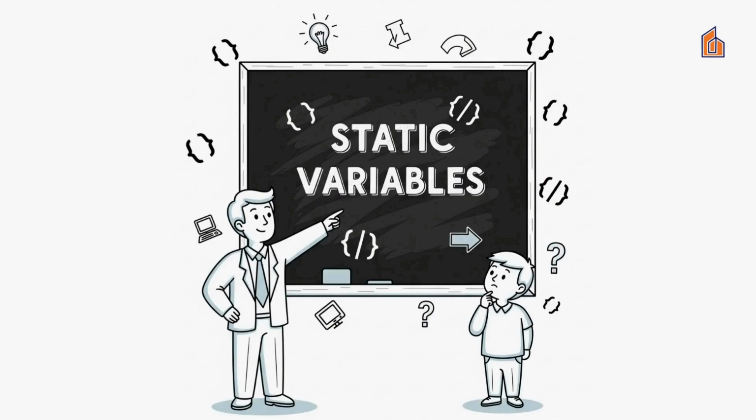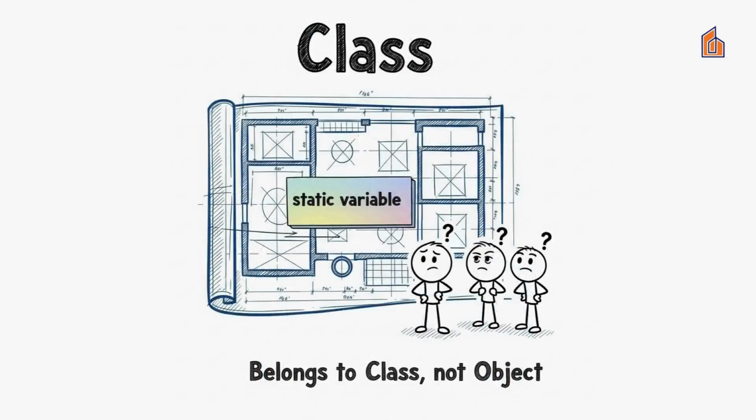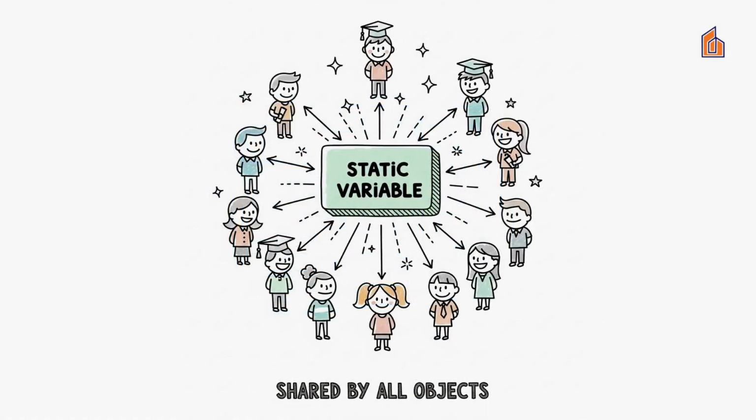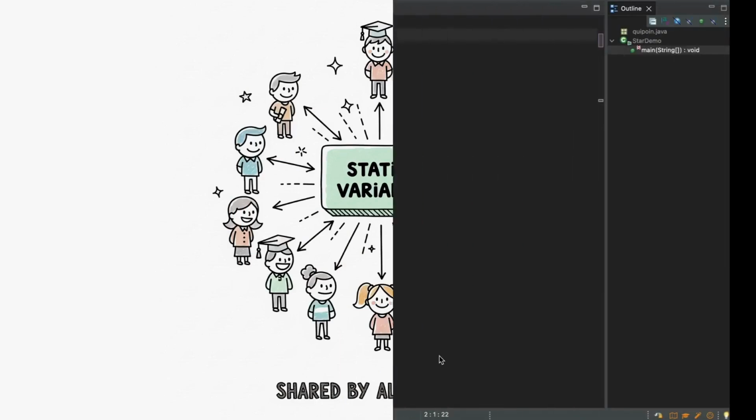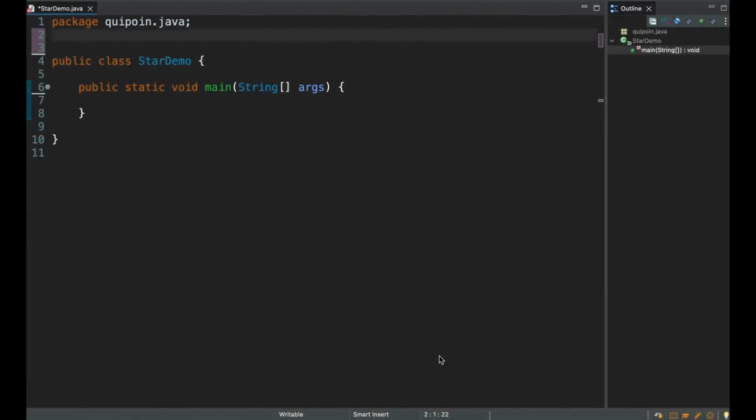Now let's learn about static variables in Java. A static variable belongs to the class itself, not to any specific object. That means all objects of the class share the same copy of the static variable. Let's create a static variable. So we will write class. Let's take the class name as BankAccount.